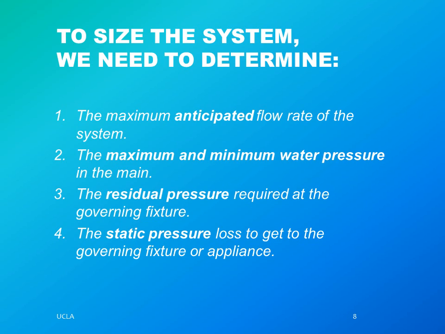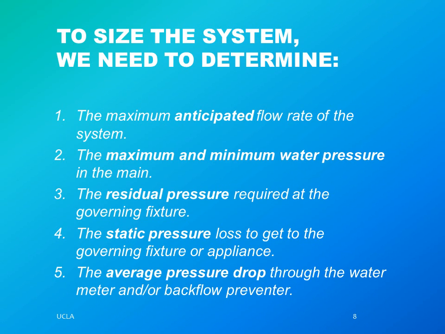We also need the maximum and minimum water pressure in the main. We need the residual pressure required at the governing fixture, which could be the highest and furthest fixture requiring the most pressure. So it might not be the same fixture every time. The static pressure loss to get to the governing fixture appliance.